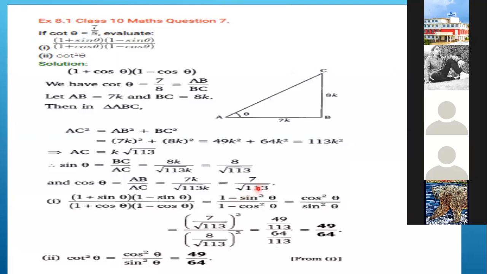One minus 64 by 113. Take LCM. 113 minus 64. It is 49 by 113. 49 by 64. Correct. 49 by 64.